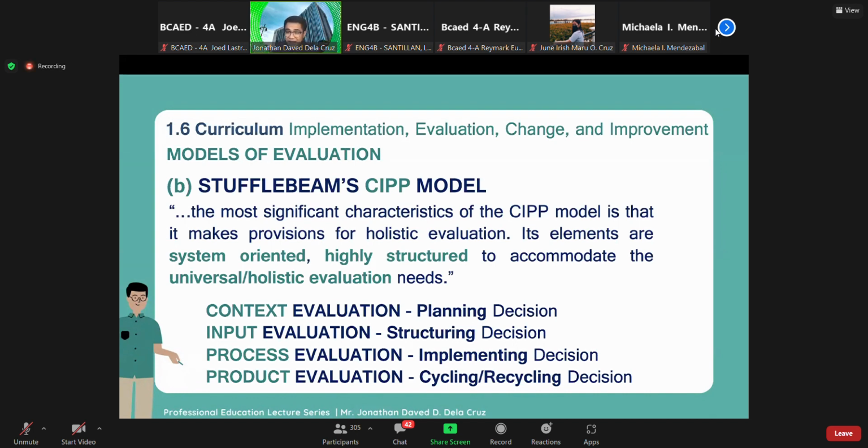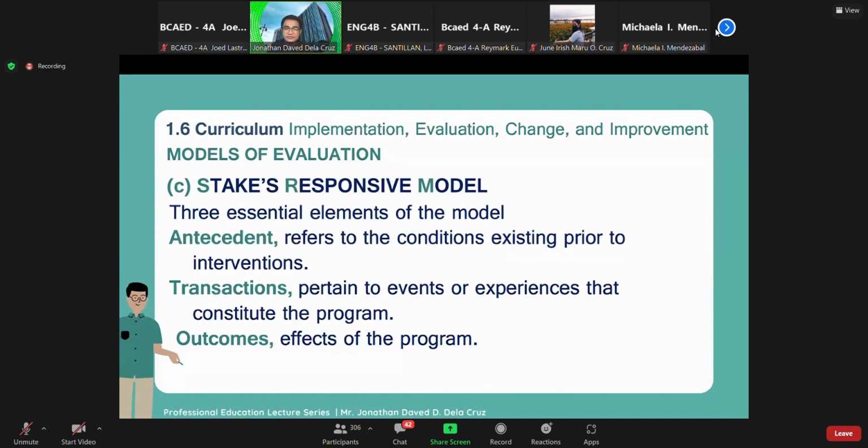Cycling is you are allowed to go back and repeat your procedure. Recycling pala is allowed. You go back to your first part and then continue what you're doing and improve it. And then cycling is creating a new one or innovating the existing. Also have the Stake's responsive model.